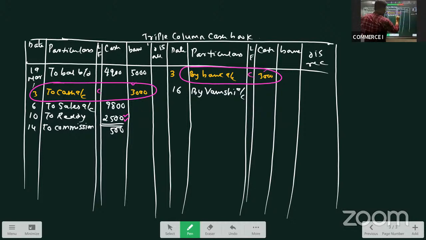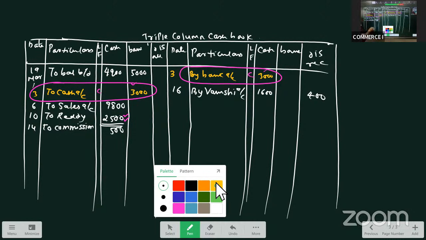Paid to Vamshi 1,600 and we received a discount of 400. So that will come in the discount column. Paid to Vamshi is a payment, it will come on the credit side, and the discount we received will appear in the discount received column, right?